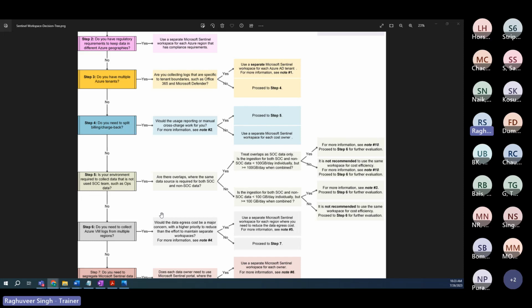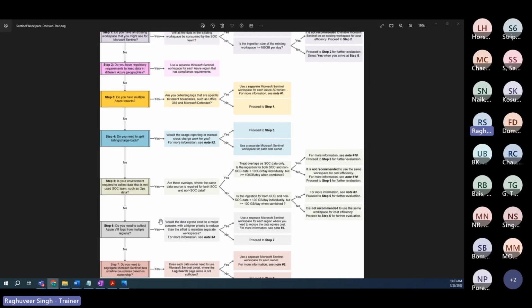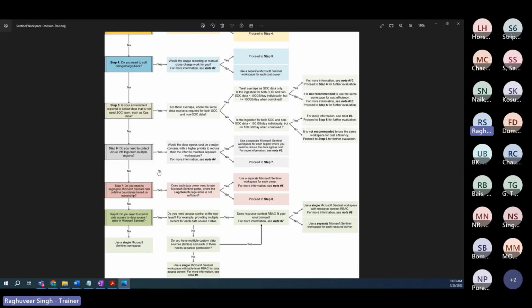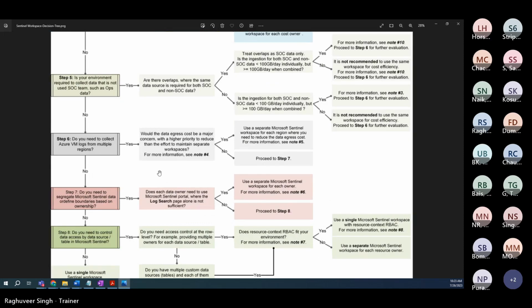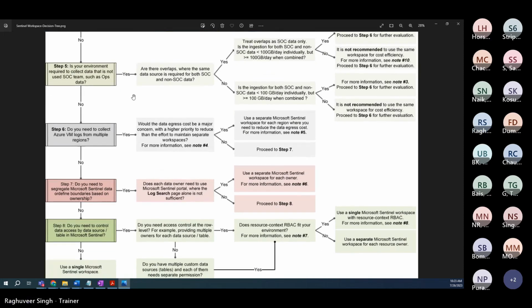If you need to comply with SOC, make sure you create a separate workspace. Simple. Let's not get into the complication of it. The answer is simple. If there's a SOC compliance, create a separate workspace. Do not use the same workspace that you are using for other functions. Create a separate workspace if it is SOC, because the auditors will come and ask for the data. So that's the SOC answer, that if there are ever overlapping, then create a separate workspace.